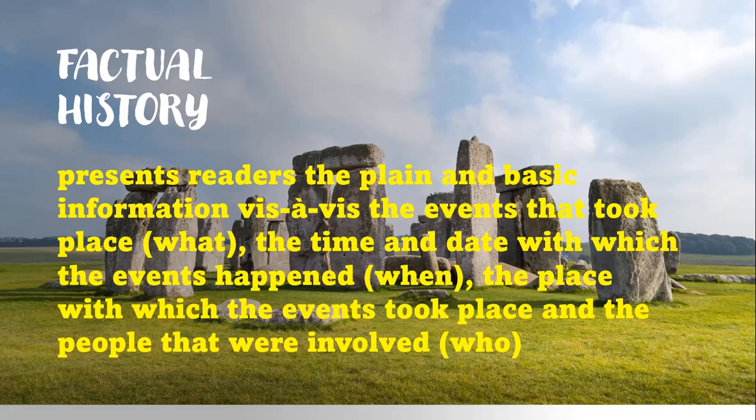So the factual history presents readers the plain and basic information vis-a-vis the events that took place, which answers the questions what, the time, kailan, the time and date with which the events happened, when, and the place with which the events took place, and the people that were involved.